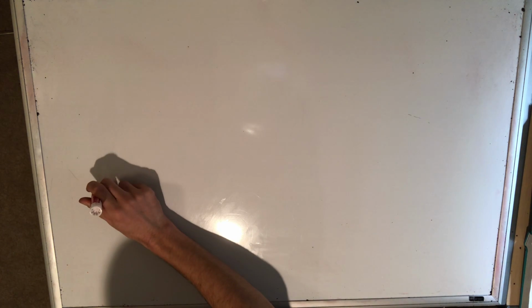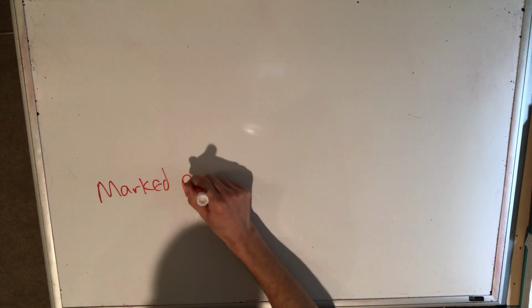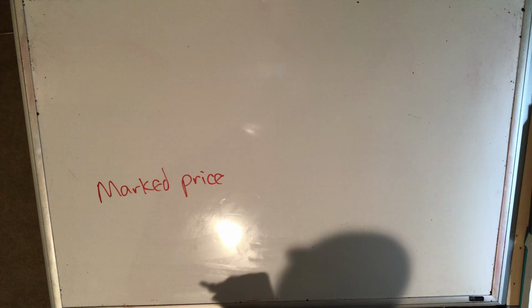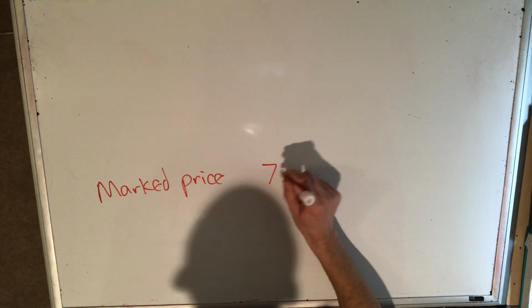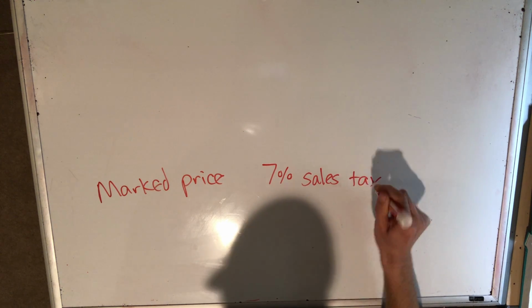In the third row of the table, marked price, so the listed price on the item, and 7% sales tax in the second column.